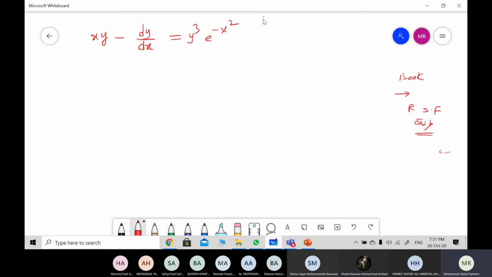The standard form of Bernoulli is dy/dx plus Py equals Q y to the power n. This is the standard form.